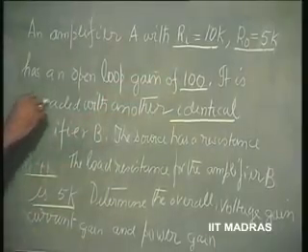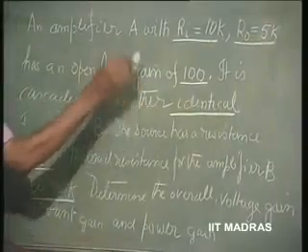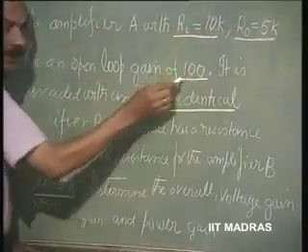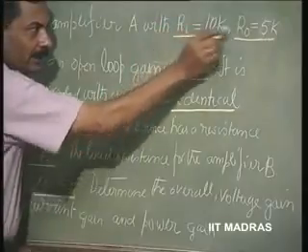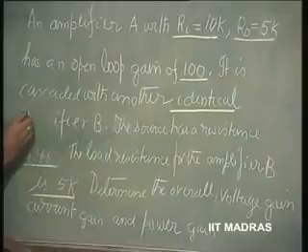It is cascaded with another identical amplifier, that means the other amplifier has the same value of Ri, R0 and open loop gain. Identical means same value of Ri, R0 and open loop gain.